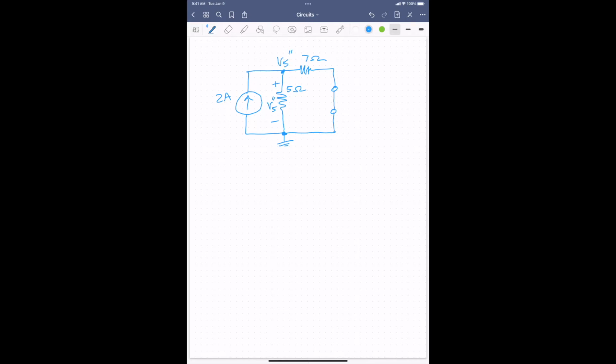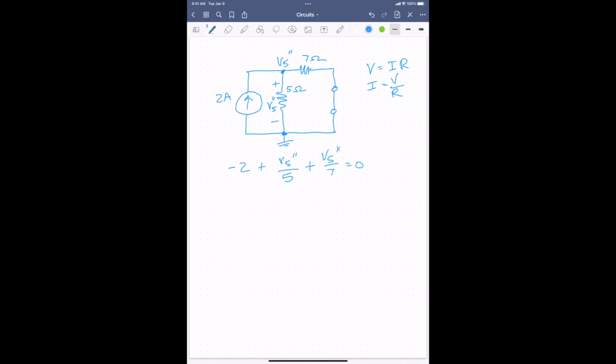So doing nodal analysis, summing the currents leaving the V5 double prime node, we end up with -2, because 2 is entering so -2 is leaving, plus V5 double prime over 5, right? V is equal to IR, so the current I is equal to V over R. And the current leaving through the 7 resistor is going to be V5 double prime divided by 7.